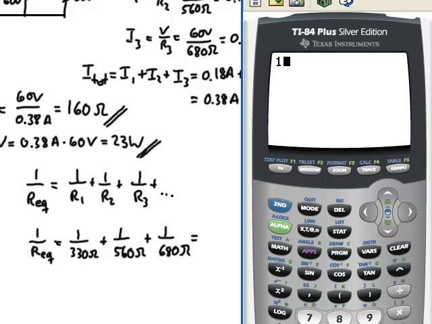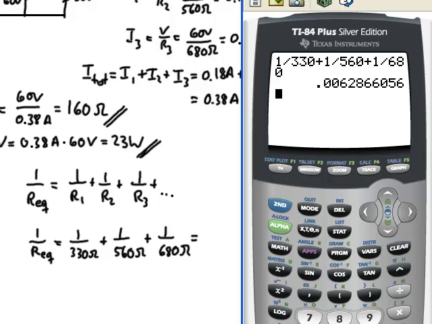Alright, let's see. 1 divided by 330 plus 1 divided by 560 plus 1 divided by 680.